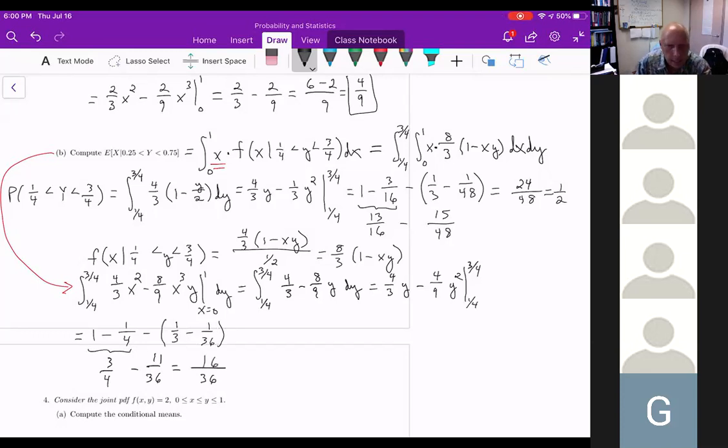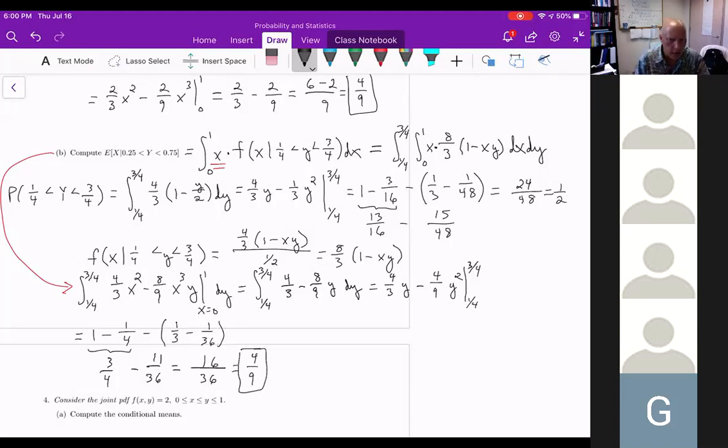And then when you get a common denominator of 36, I get 16/36, which simplifies to 4/9. It just happens to be the same answer that we got in part A. It just means something different.